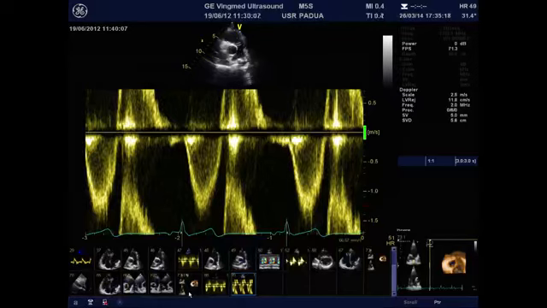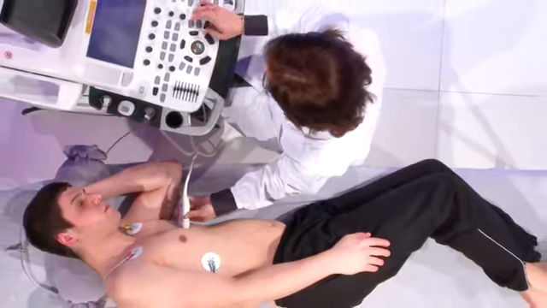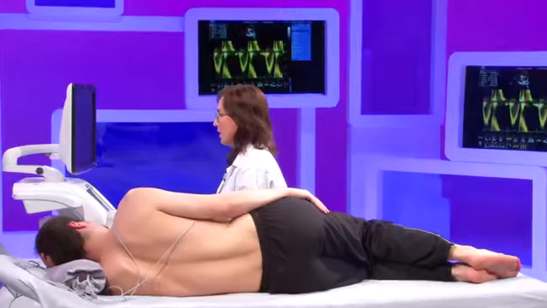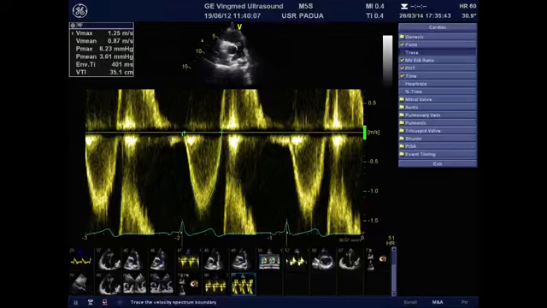this flow with a pulsed wave Doppler, the antegrade flow across the pulmonary valve, and we can measure the velocity time integral, again using the modal velocity, like this. And you will obtain a number of 35, which is significantly large.